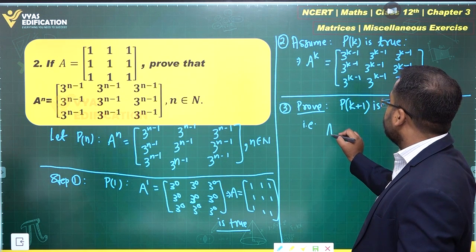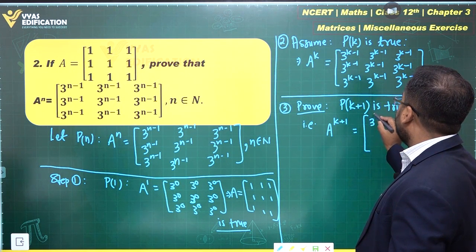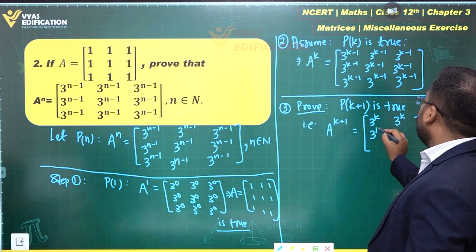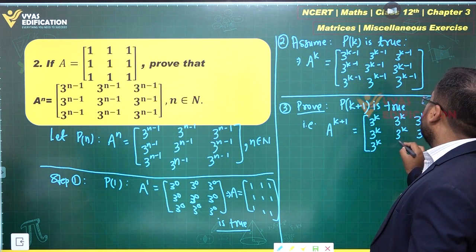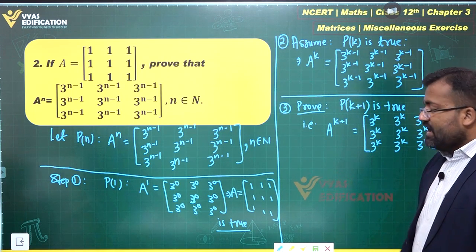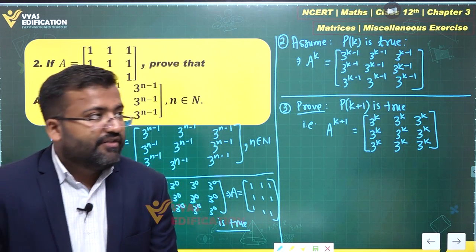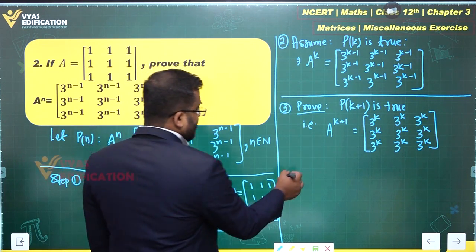So what we have over here is A power k plus 1 is equal to the matrix with every entry 3 power k. This is what we have. We are supposed to prove this one. Okay. So for proving this one, what do we need? We need to start with the LHS first. Okay. Let's begin with the LHS.